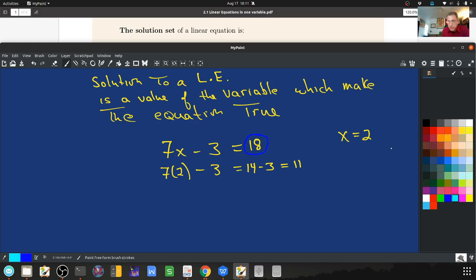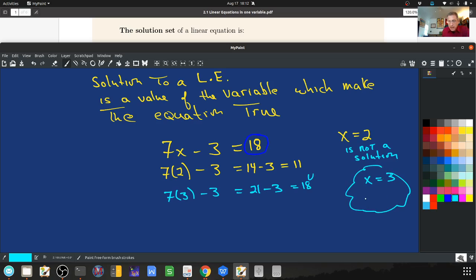So x equals 2 is not a solution to this particular equation. Well, let's try another value. Let's try x equals 3. Well, then we have 7 times 3 minus 3. 7 times 3 is 21, and 21 minus 3 is indeed 18. So x equals 3 is a solution.